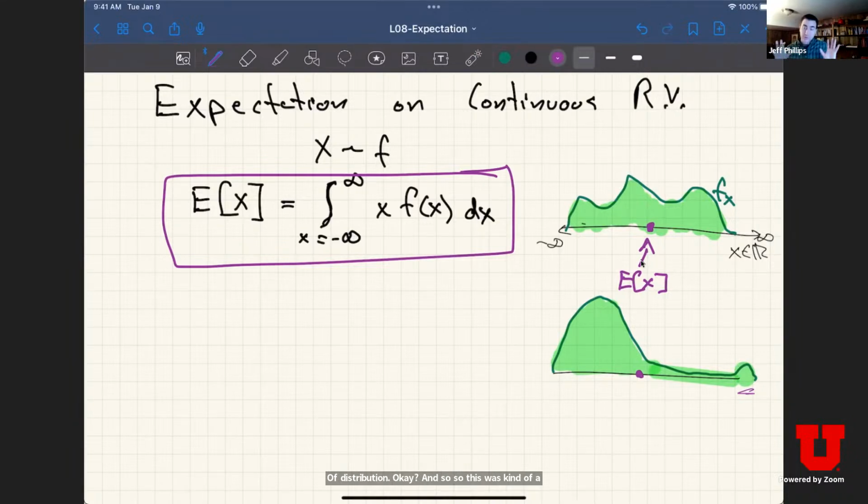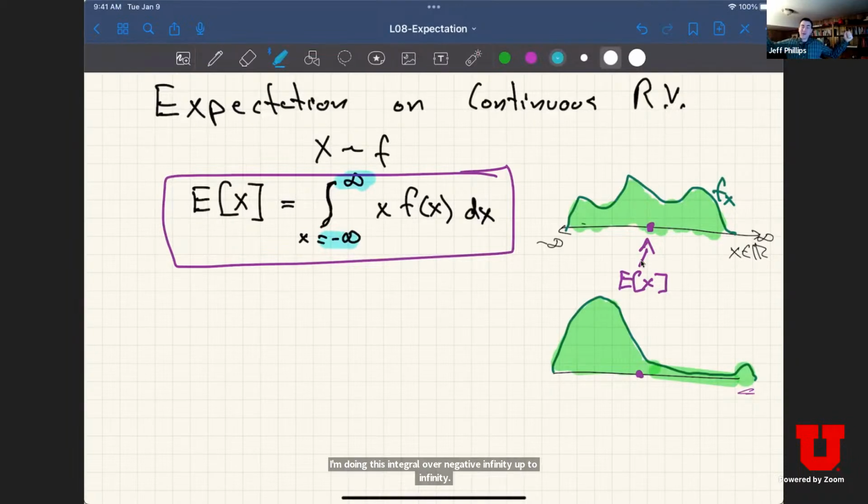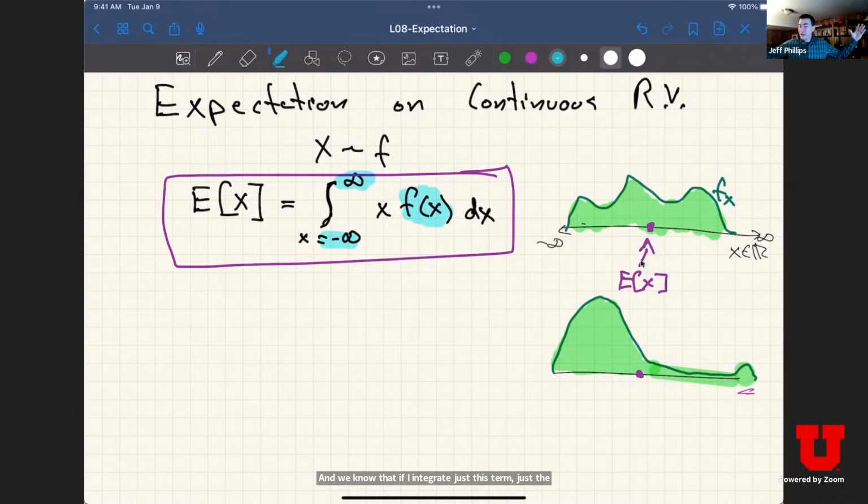So you can write it mathematically as this integral. And you might be thinking again, well, I'm doing this integral over negative infinity up to infinity, right? I have to evaluate it over an infinite span of things, so how is this going to be possible? Well, we had infinite sums already with the discrete random variables, and we could still calculate the expectation. And we know that if I integrate just the f term from negative infinity to infinity, that integral is 1.